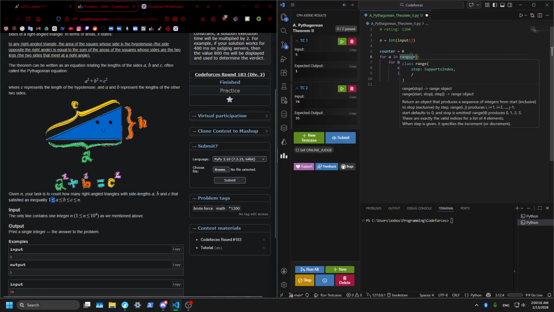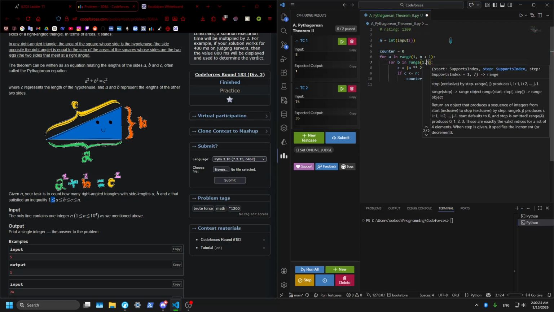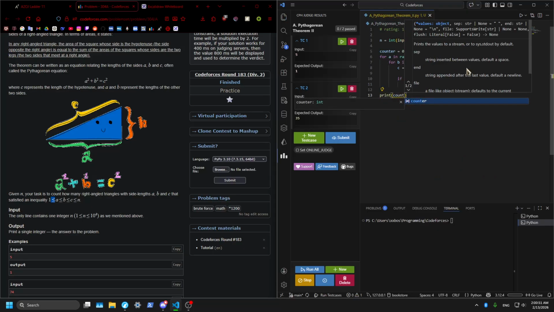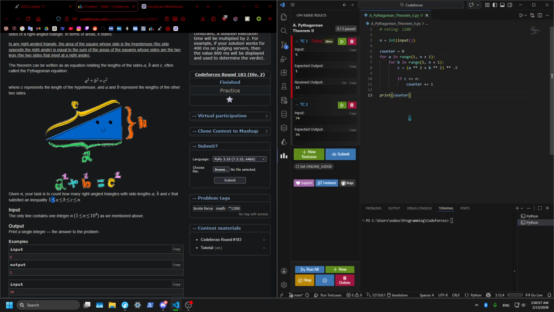Base case is 1, so look, okay. Start at 1 and go to n plus 1. And then we just print the counter at the end. 15, that ain't right.